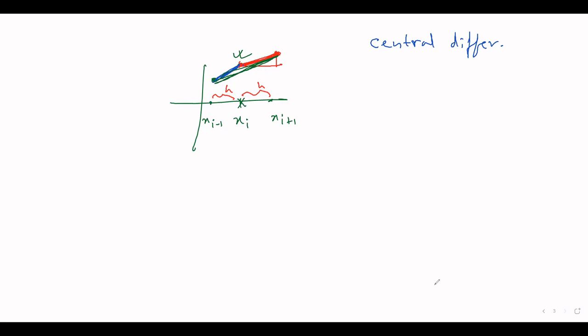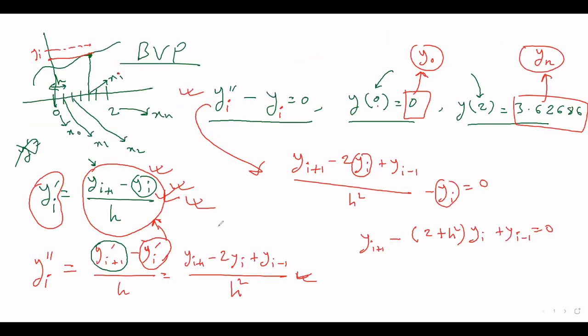Now, in this case, maybe use the forward difference formula for finding what. In our case, replace yi prime by the forward difference formula, but replace y(i+1) prime by the backward difference formula.